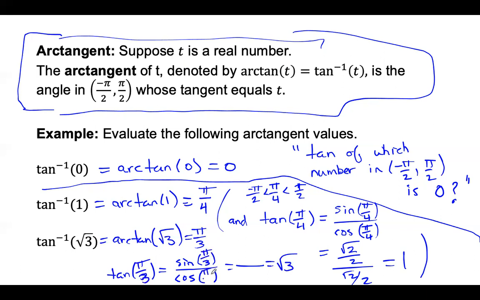You'll see it in a second. The sine of pi divided by 3 is square root of 3 divided by 2. Cos of pi divided by 3 is 1 over 2. These cancel and you get square root of 3. And pi divided by 3 is also, which is important, less than pi divided by 2 and greater than negative pi divided by 2.